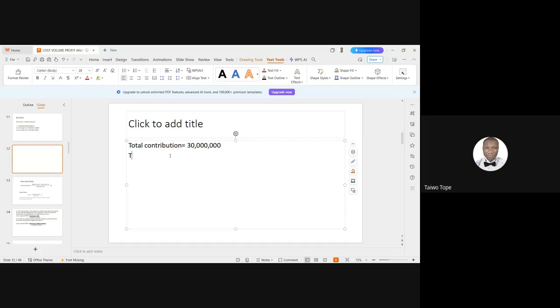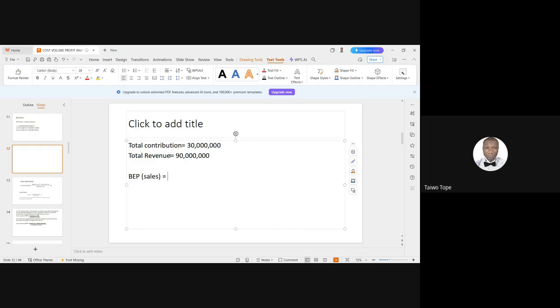The total revenue from the question is 90 million. Since all these are in totals, in terms of sales and not based on units, for you to get your break-even point in terms of sales, what is the formula?